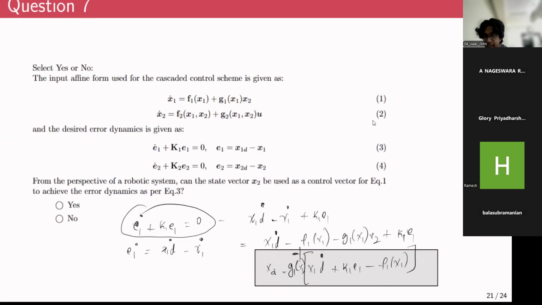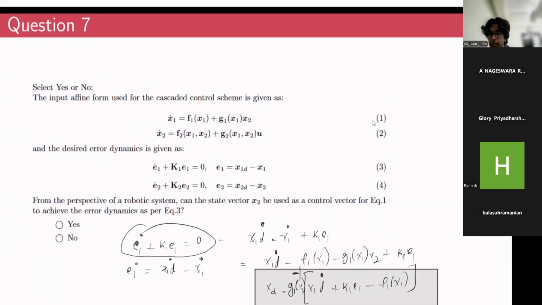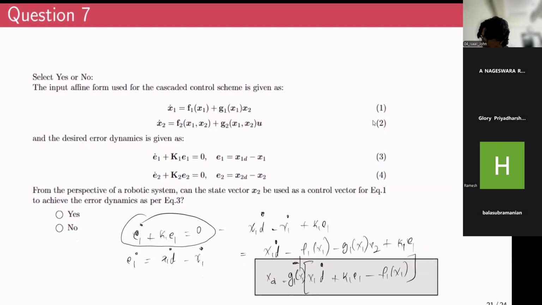Well, the answer is actually no. If x2 is as per this expression, and if you substitute this x2 into equation 1, you will get this equation. This is what we desire. But the problem is we cannot really treat this as a control input, because x2 is also a state vector for the second subsystem.